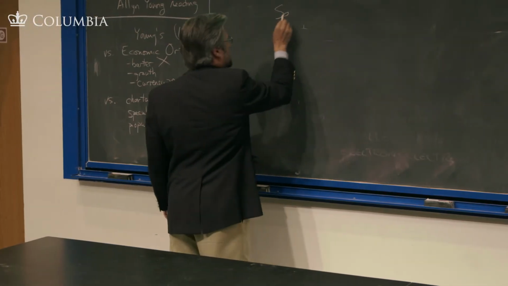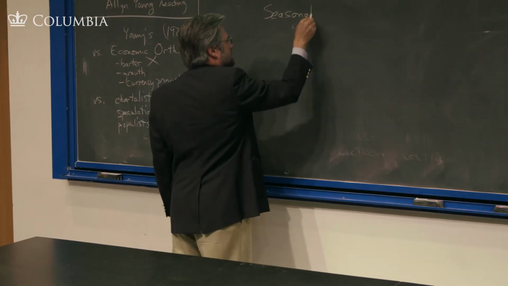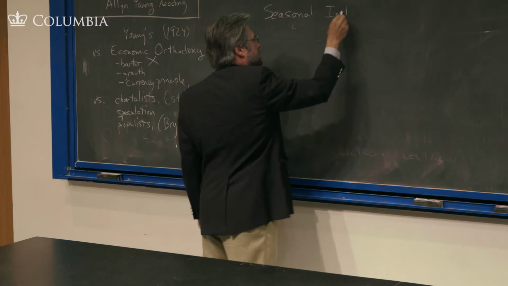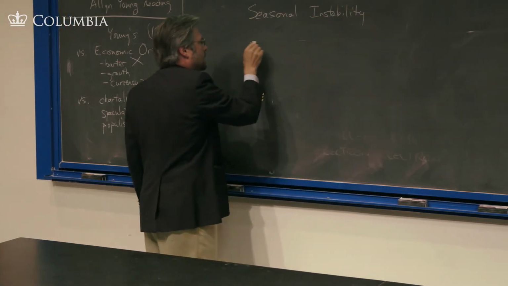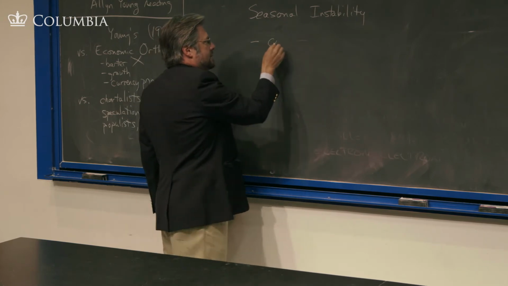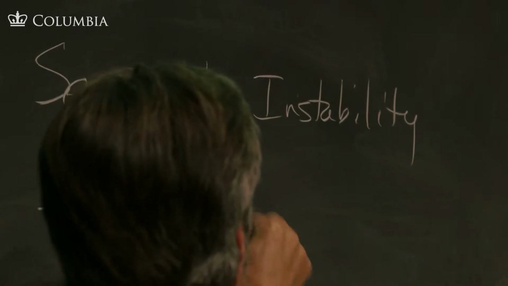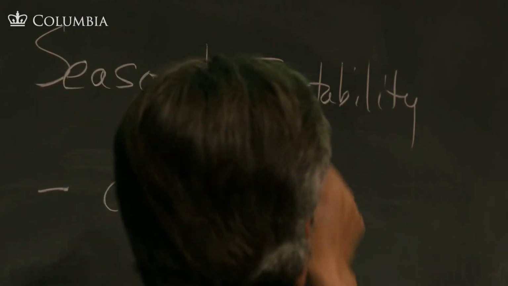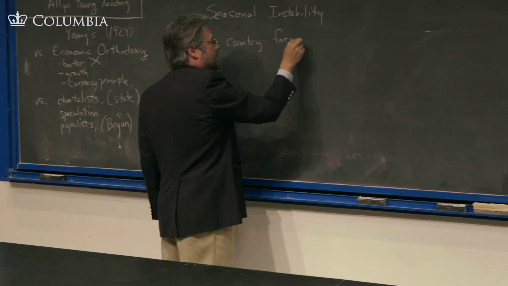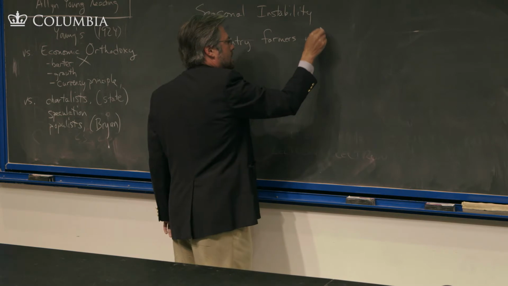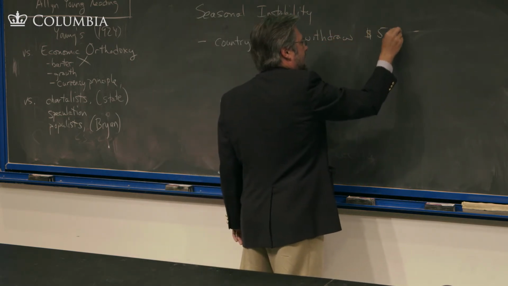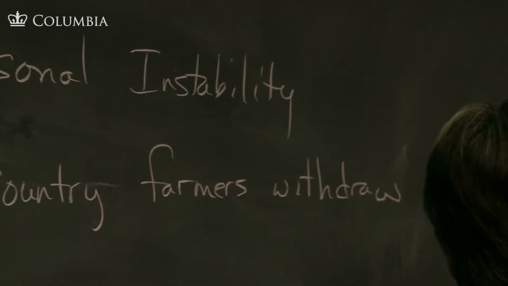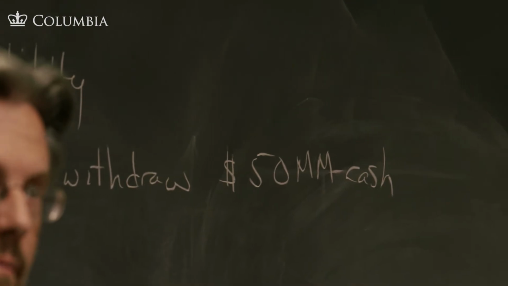Seasonal instability. The country farmers first withdraw $50 million in cash from their local banks.